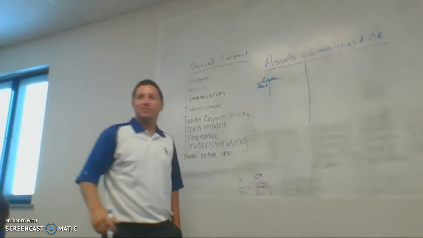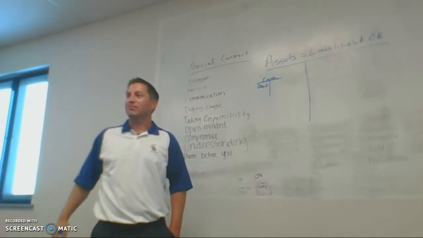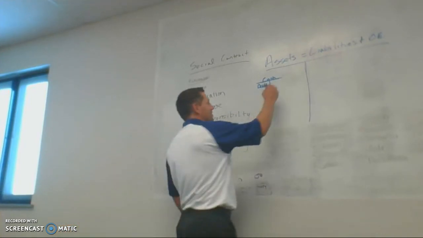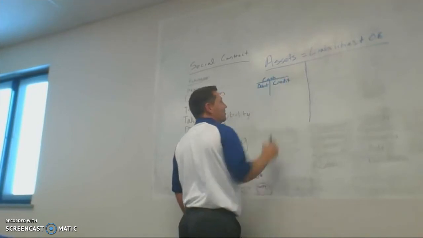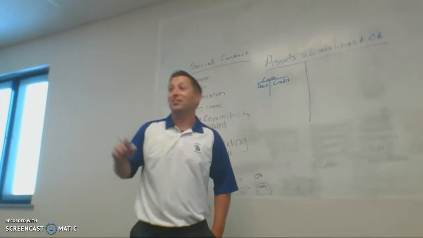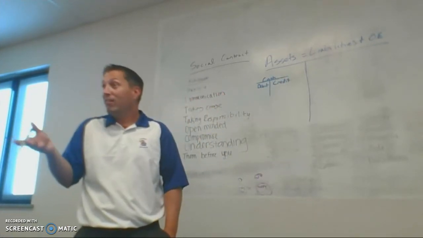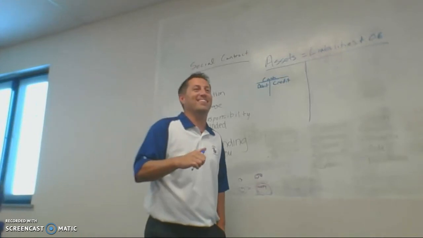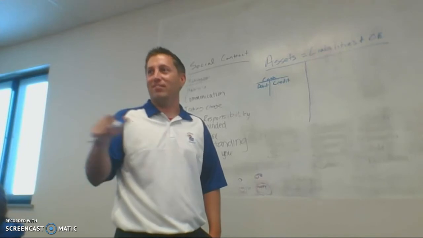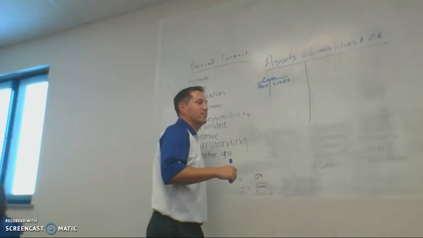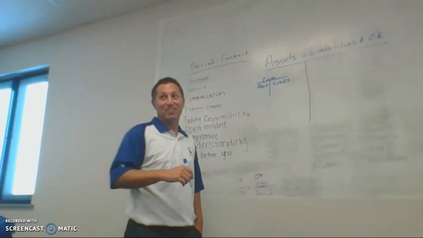All right. What's the credit side? The right side. Because we said credit means right. I know. Really tough concept here, right? Yes, it is. Credit. Yeah. It gets worse, trust me.